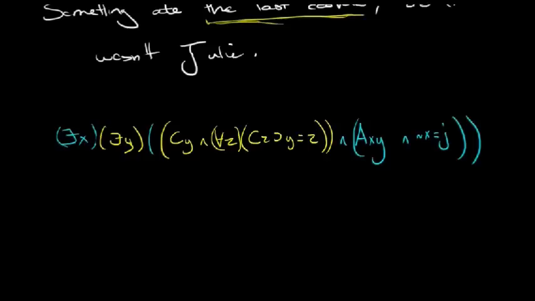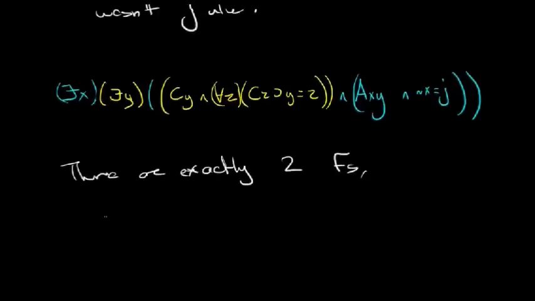So there we've got a way of saying there's exactly one. Something to go away and think about is how you could say there are exactly two Fs. So we know how to say there's exactly one F. How would you say there's exactly two Fs?